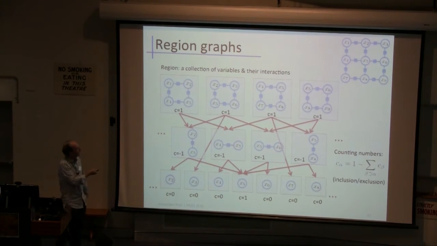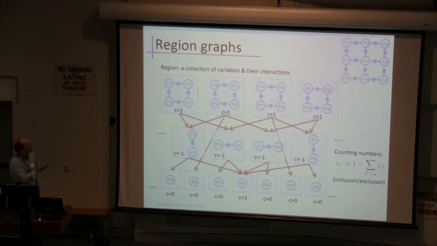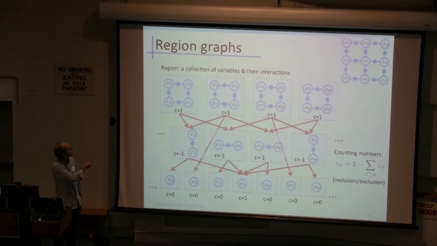So typically, the way that you can set these counting numbers, you choose your counting numbers for the largest regions to be 1, and then you can just set the counting numbers using inclusion-exclusion. So you want every region to appear exactly once in the overall entropy expansion. So if I include this region once and that region once, then I've included their intersection twice, so I need to remove it.